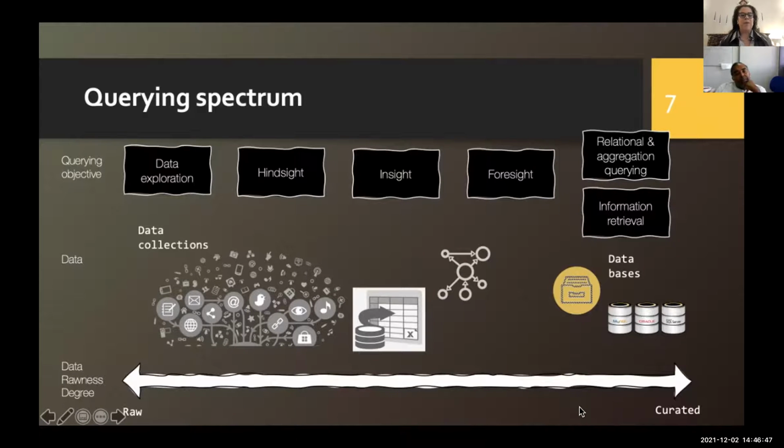So in the lower part of my schema, you have the degree of rawness of the data as a spectrum that goes from raw data, as the one the challengers have been dealing with during the last 3 days, into curated data, which are the data collections that they are going to provide tomorrow. And so this is a spectrum.